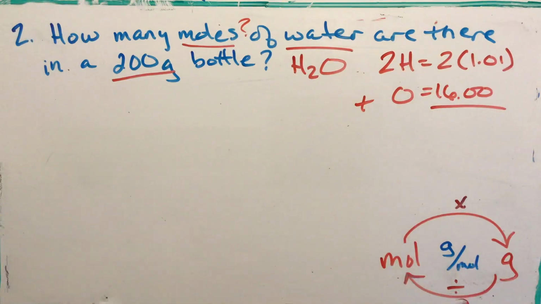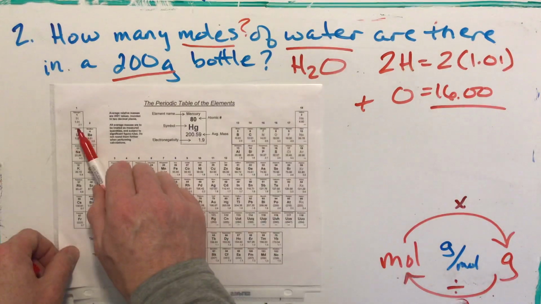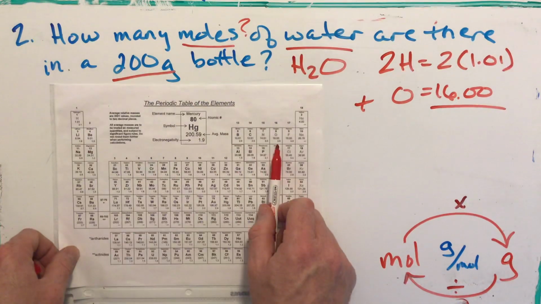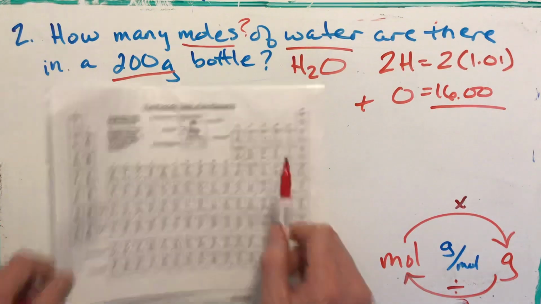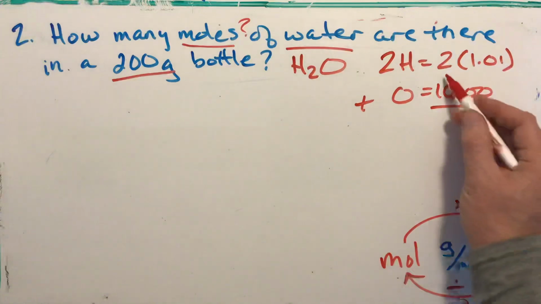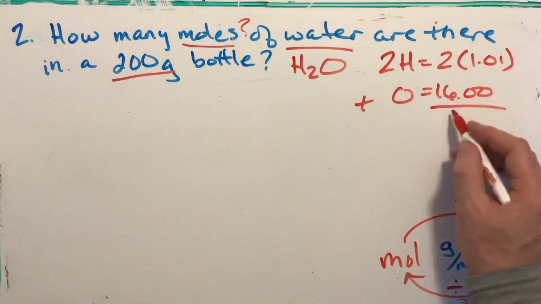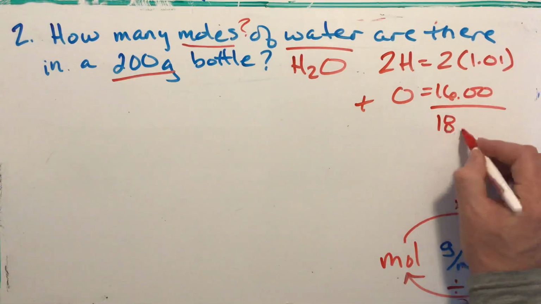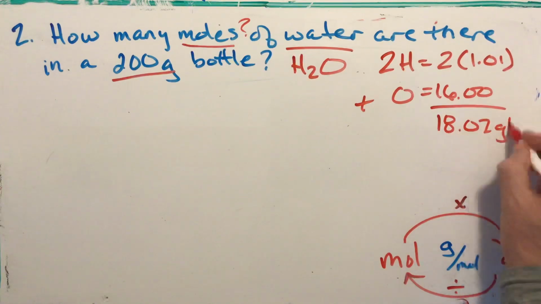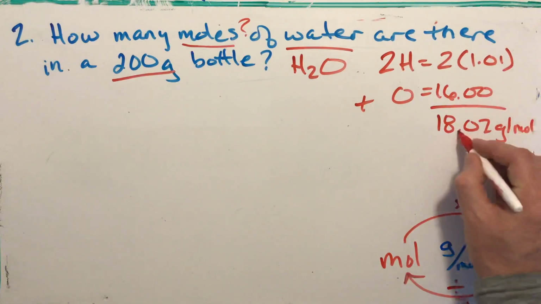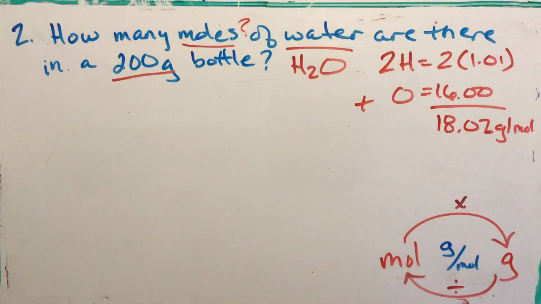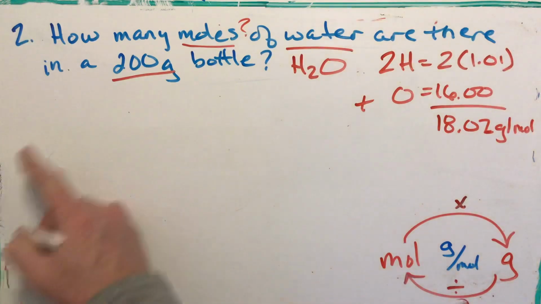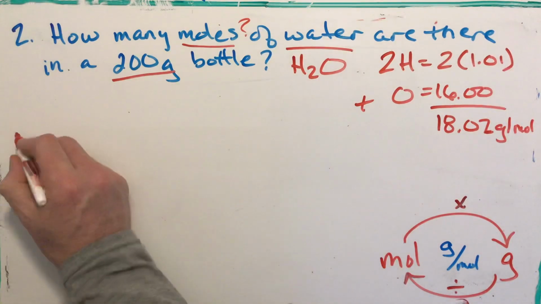And again, the 1.01 and the 16 are coming right off of my periodic table. So this is 2.02, and I add that to that, and we've worked out water before. So water is 18.02 grams per mole.